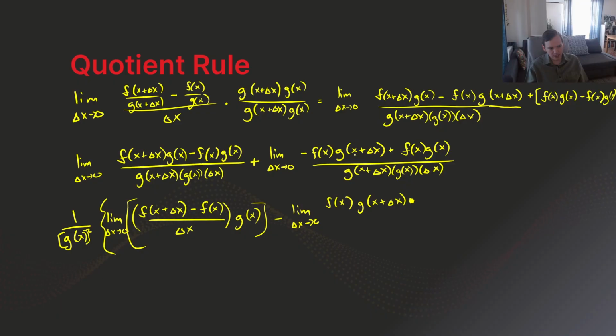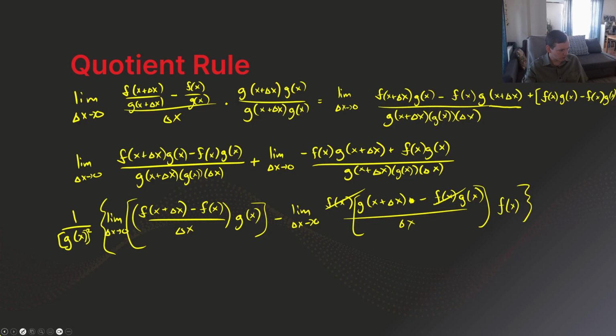If I factored out a -1, I need to multiply this by -1, so minus f of x g of x all over delta x. And in this case, I'll also factor out an f of x from this expression, leave that at the end, and then close my parentheses. And actually, that f of x we'll technically still have in our limit.